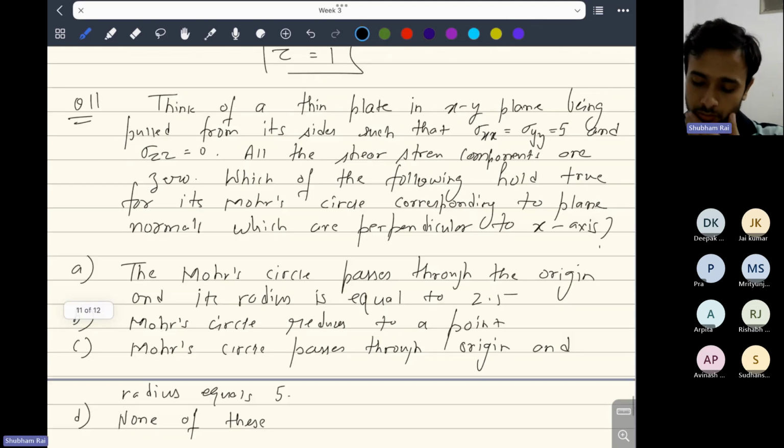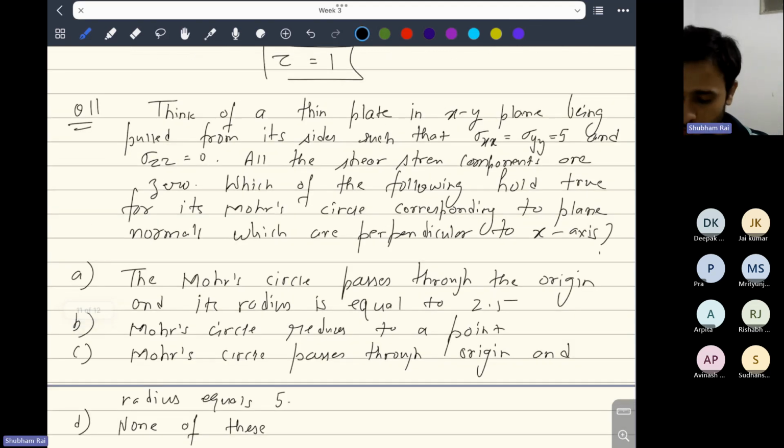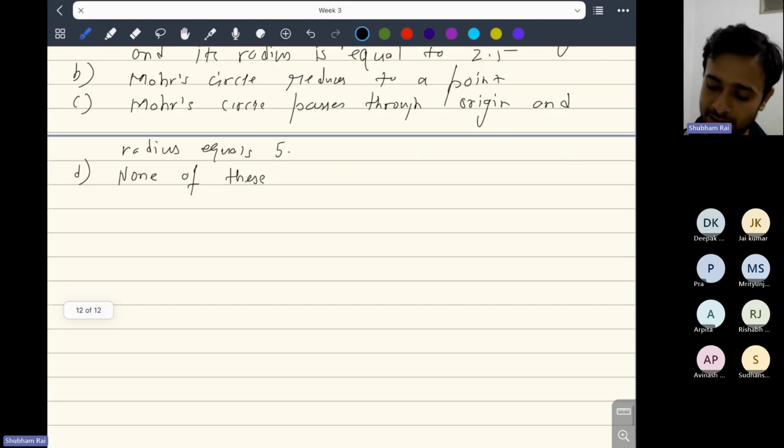Okay. So you see here that there is a thin plate in xy plane being pulled from its sides such that sigma xx, sigma yy is 5, sigma zz is 0. All the shear stress components are 0. It means x, y, z are principal planes. Now plane normals are perpendicular to x-axis.